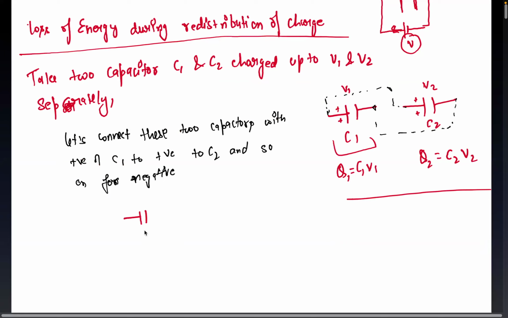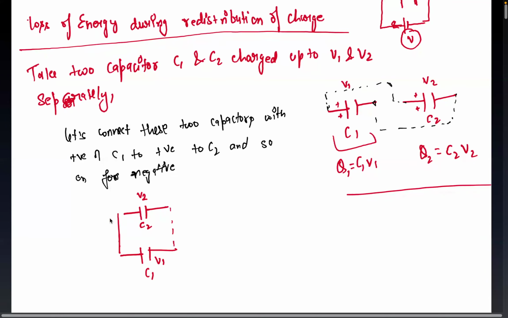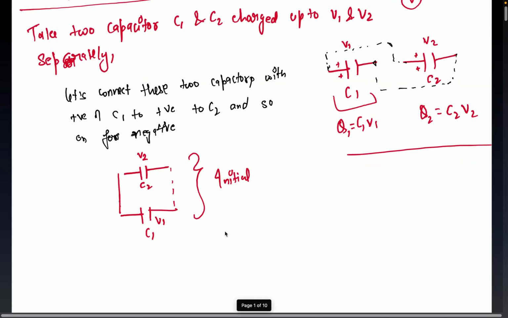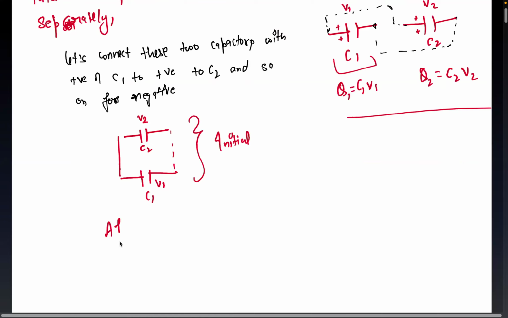This is your C2 and this is your C1, with initial potentials V2 and V1. So this is the initial configuration. What will happen after connecting?